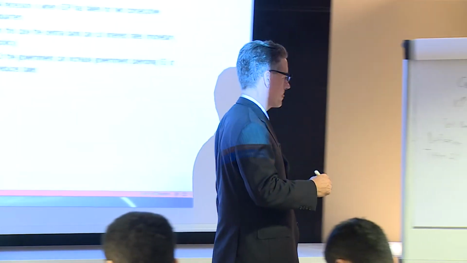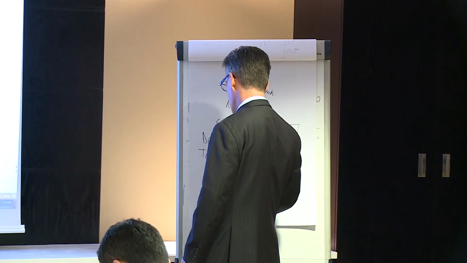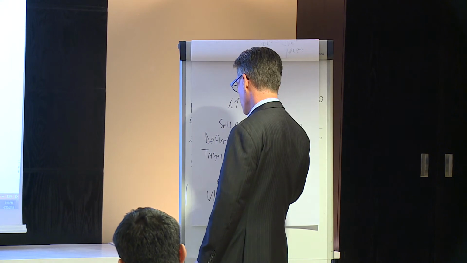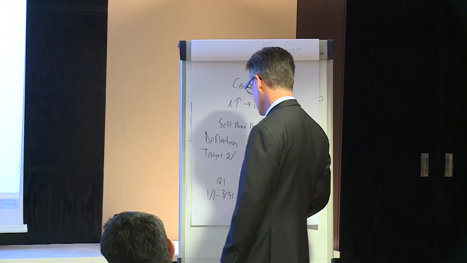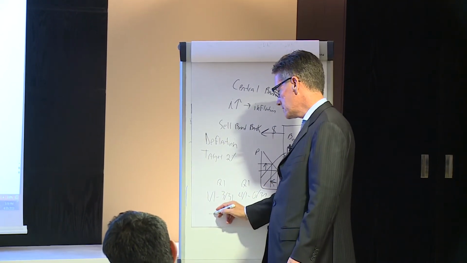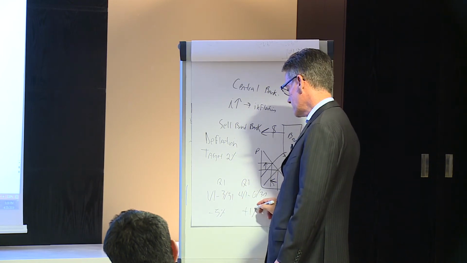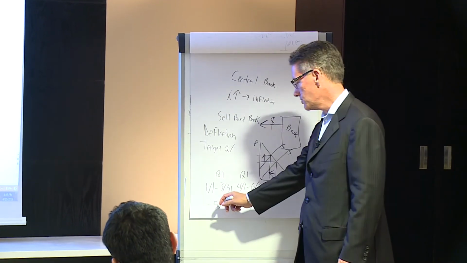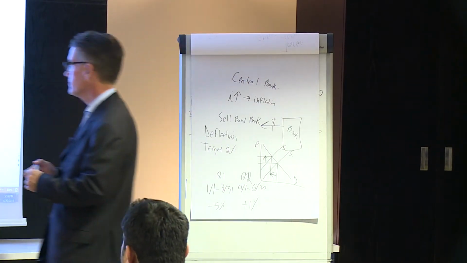It starts when? January 1? Ends when? March 31. And how about quarter 2? Starts April 1st and ends June 30th, exactly. So if I have minus 5% here and plus 1% here, did I have a recession? No, because it has to be 2 consecutive quarters. So that's not a recession.